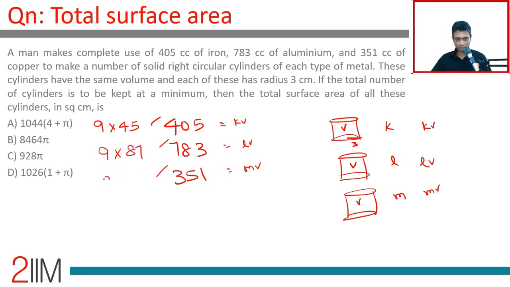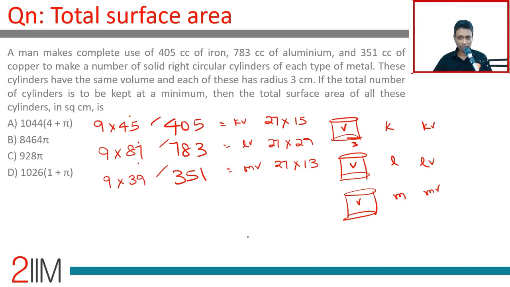Here again we can carve out a 9: 9 into 39. 45, 87, 39. Each of these is a multiple of 3 once again, so we can take a further 3 out. So 405 can be written as 27 into 15. 783 could be 27 into 29. 351 would be 27 into 13. Brilliant. So HCF is 27.